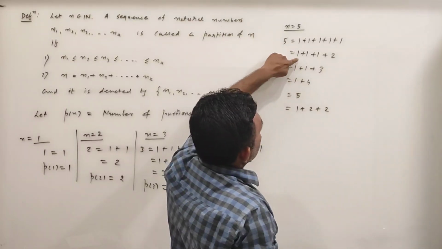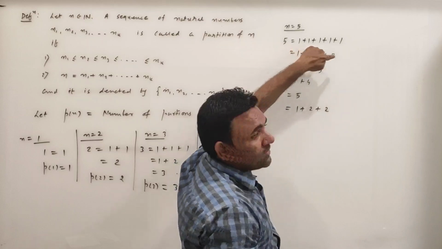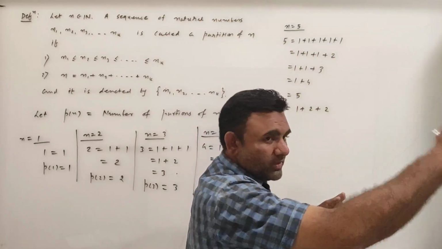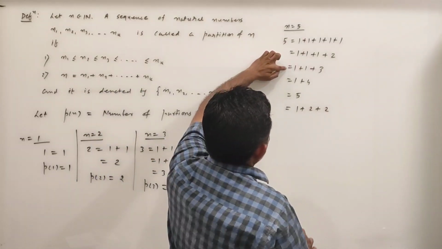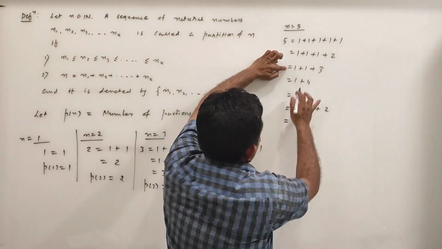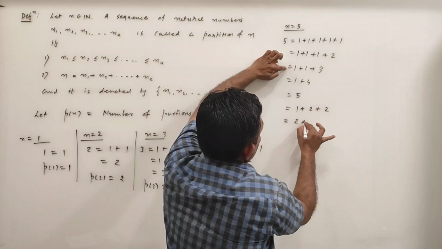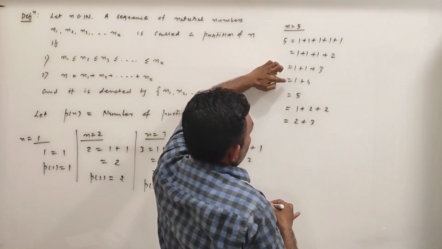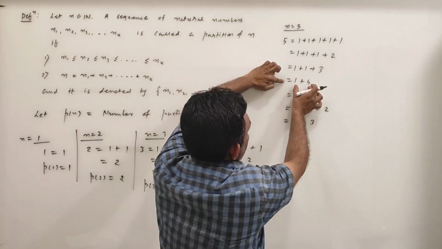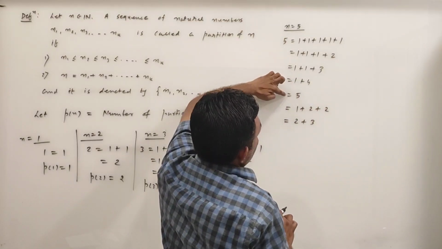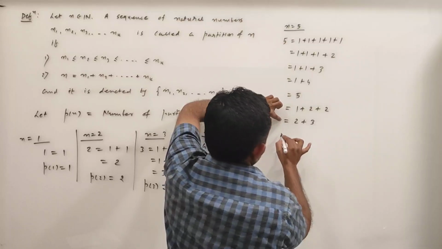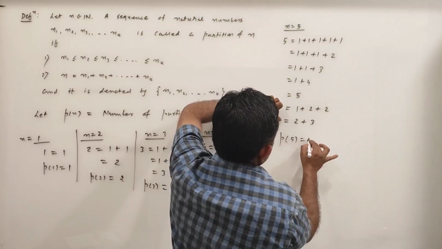I will not add 2 plus 1 plus 2, because 2 then 1, 1 is smaller than 2. Now for the second partition, 1 plus 1 is 2, plus 3. And if you add here, then it is plus 5, so it is already there. So 1, 2, 3, 4, 5, 6, 7. So partition of 5 is what? It is 7.